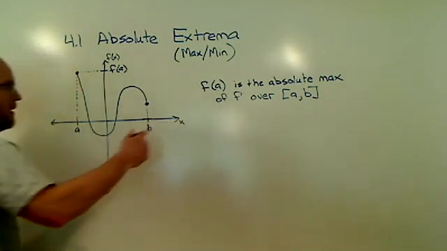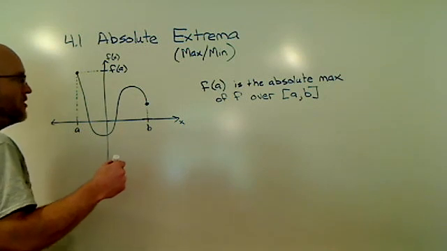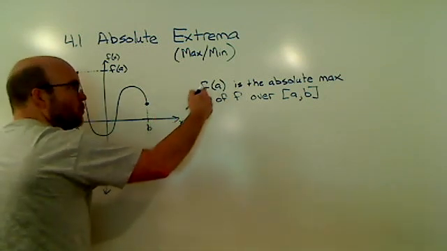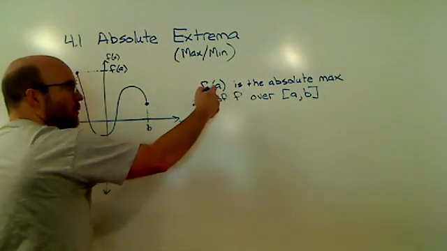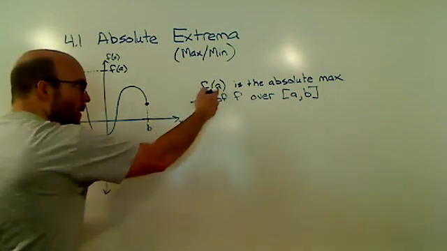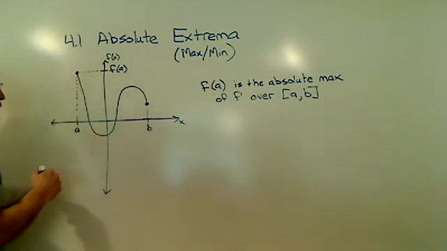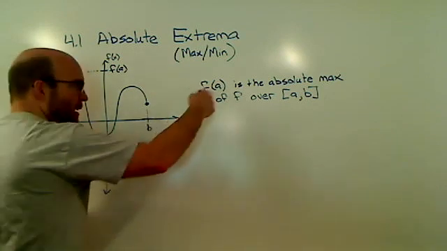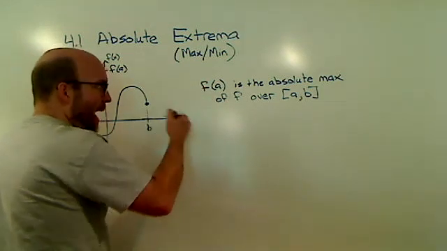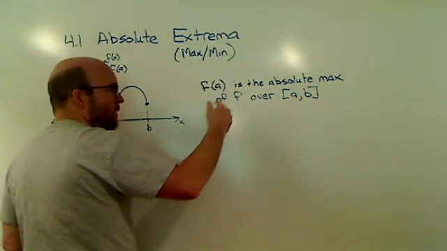And notice that as long as we're using function notation, this is giving us two pieces of information. We know that the actual maximum value is what you get when you plug a into f. But at the same time, knowing that the x value of a is where it's happening is an important piece of information as well. Okay, so if you're not writing it out in this format, so if we had just some sort of number here, you would want to probably expand on this just a little bit.